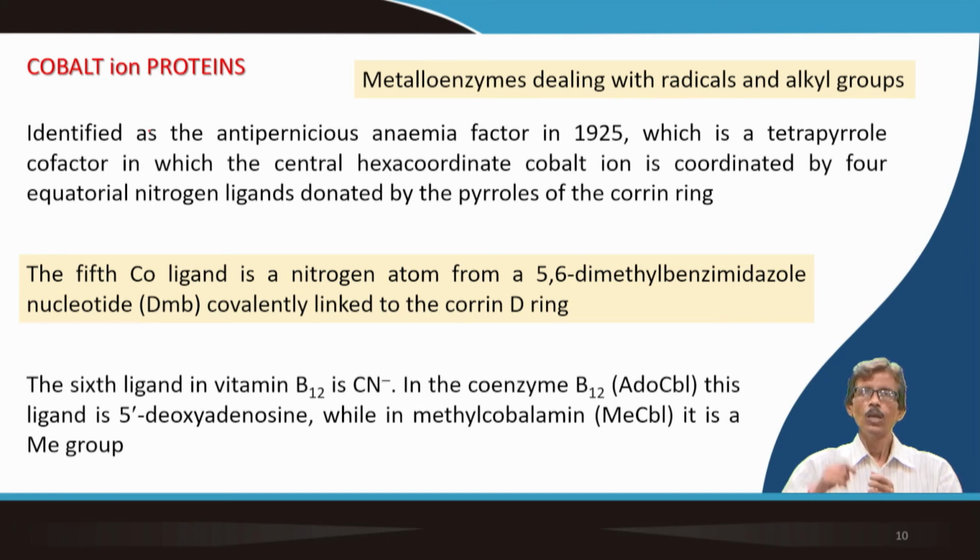So what is that methyl? We are only considering the 6th position. If you vary the 6th position, then just as we defined for myoglobin and hemoglobin, the 6th coordination site is important.